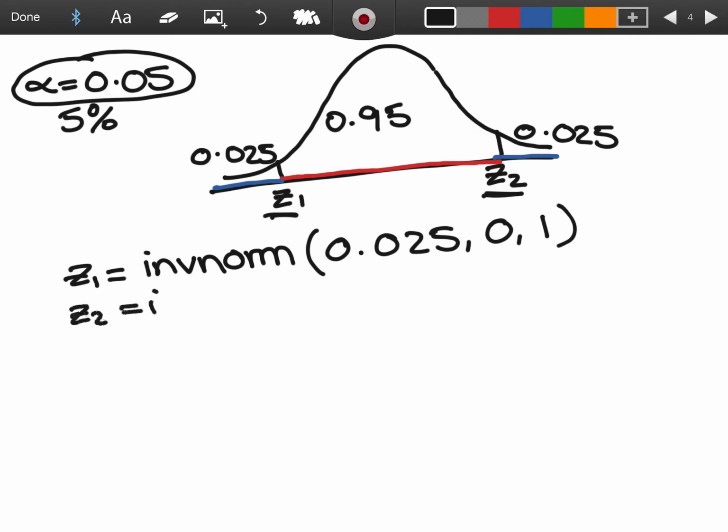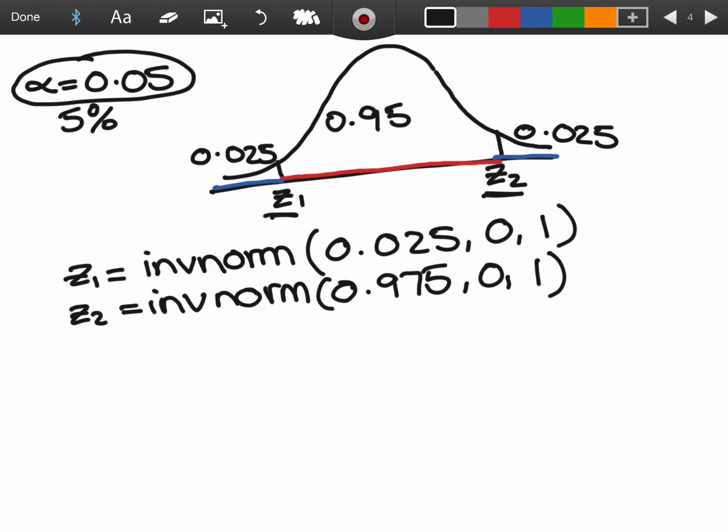For z2, you do the same thing. z2 should end up being the positive of z1. z1 should be negative, z2 should be positive, but they should have the same numerical value because this thing is symmetric. Okay? So z2 would be inverse norm of the area to the left, which is 0.975, mean is 0, standard deviation is 1.